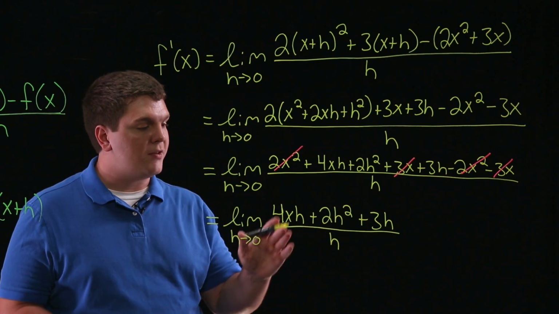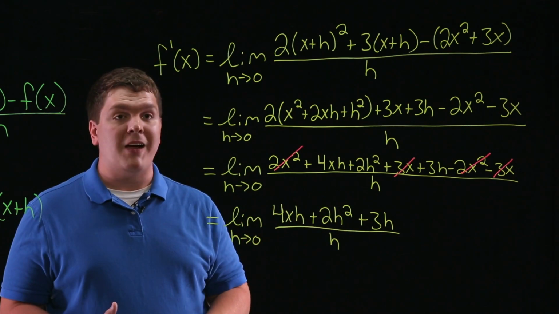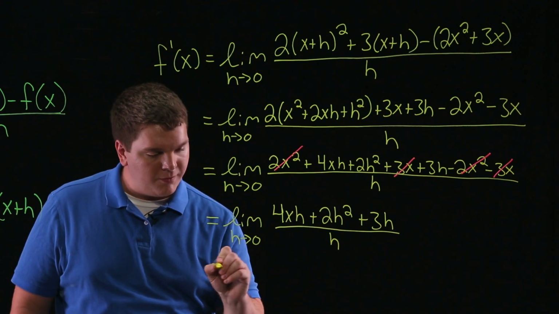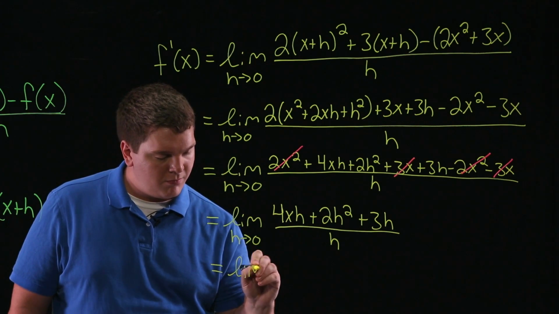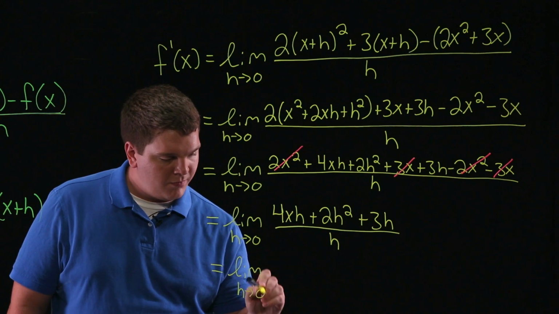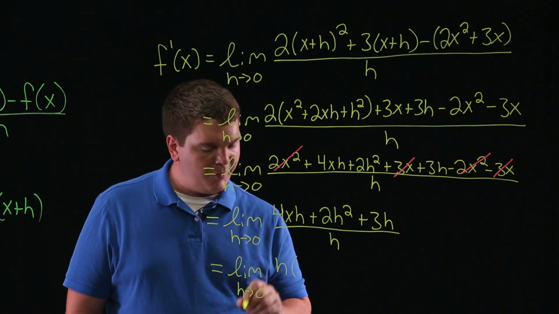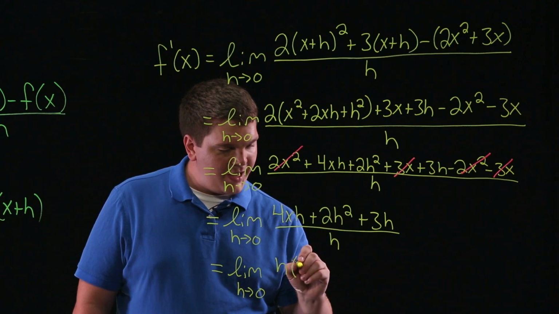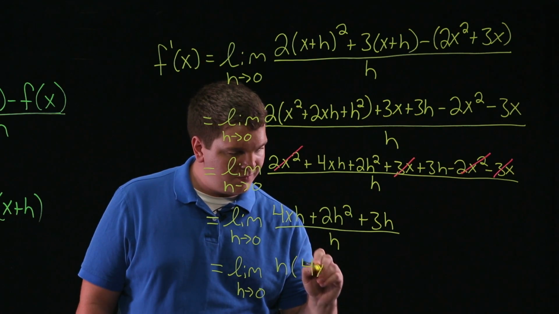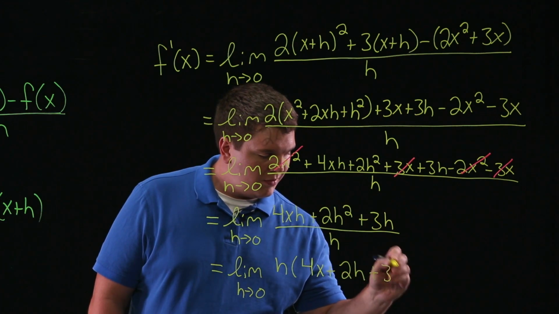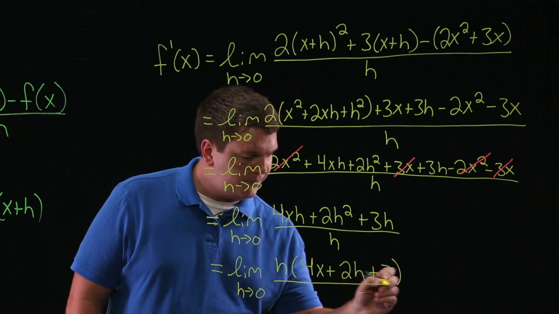Now here, you'll want to notice that each term in the numerator has a factor of h. So let's go ahead and factor an h out from each term in the numerator. What we're left with is the limit as h approaches 0 of h times (4x plus 2h plus 3), all divided by h.